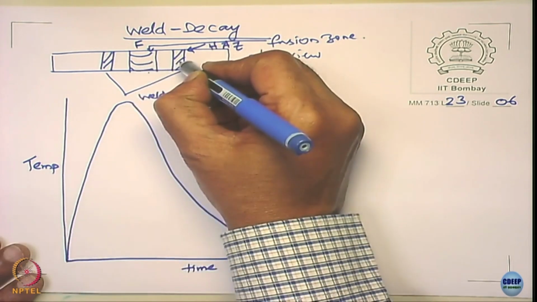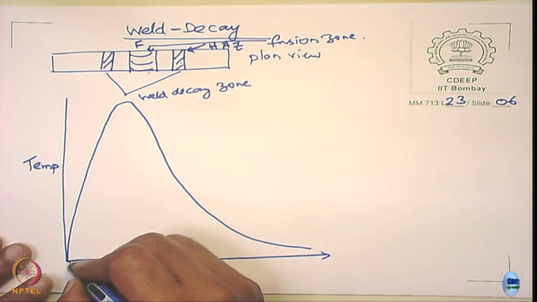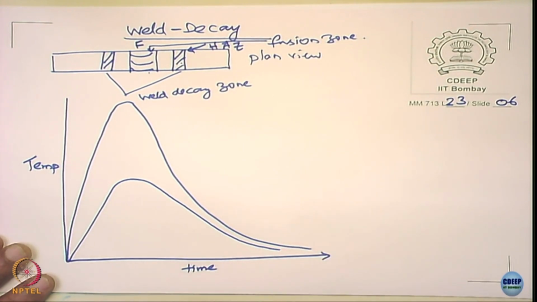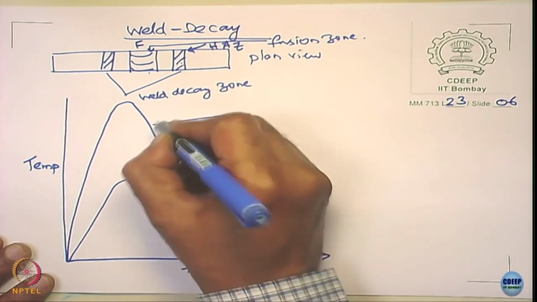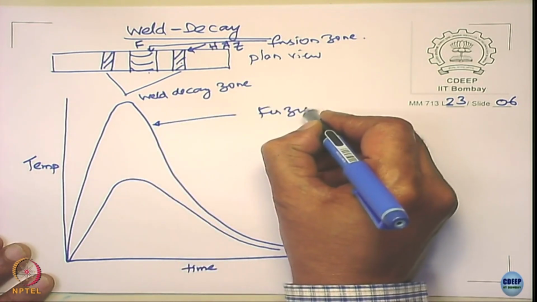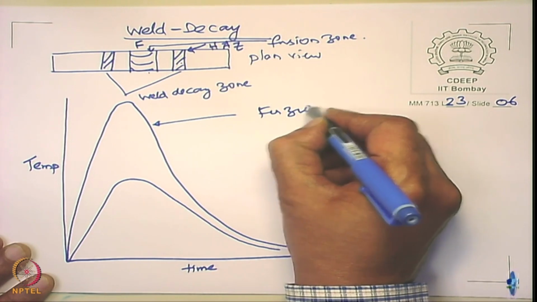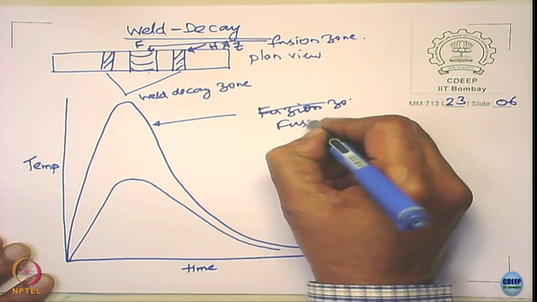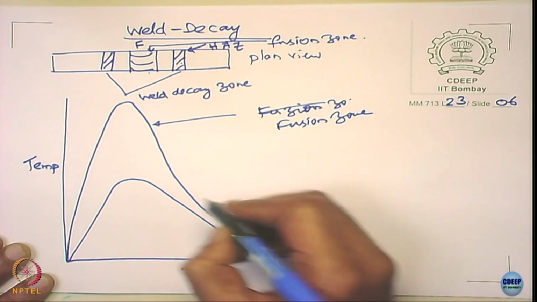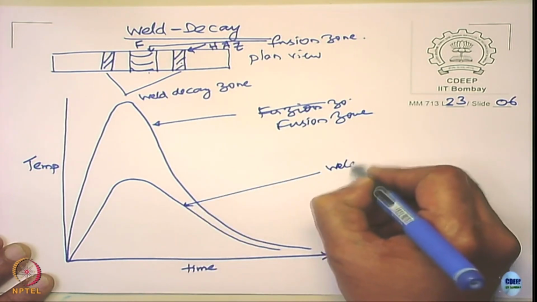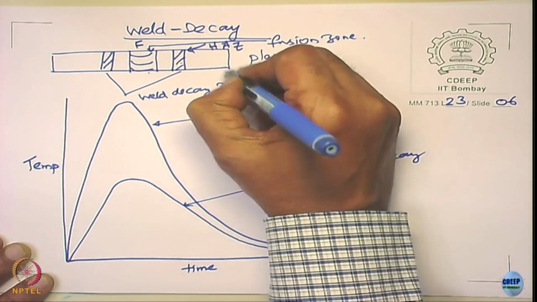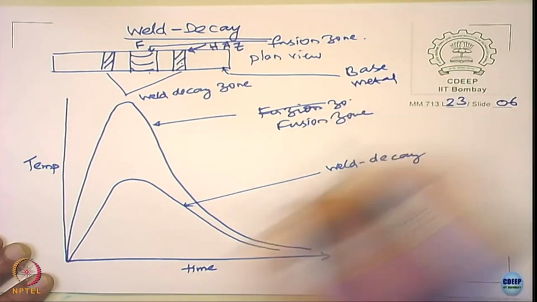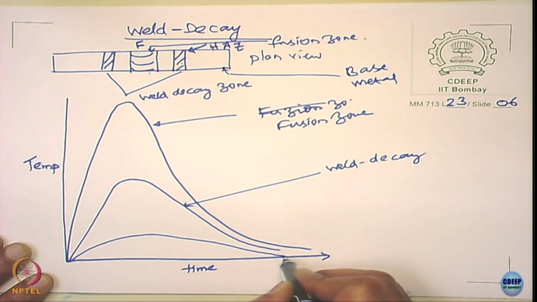Let's take this zone here. This is the fusion zone, this is your weld decay zone, and this is your base metal.